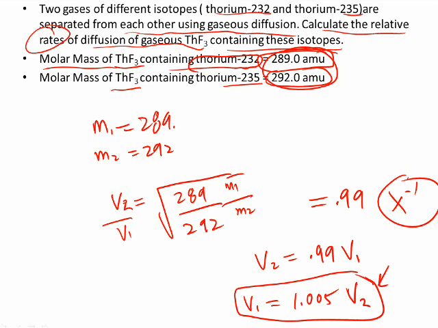So really we're looking at Graham's law, and it shows that the faster one is the smaller one. If you're small, you're lighter, you move faster, and that makes sense. If you're a big lumbering gas, you're not going to be able to move as fast.